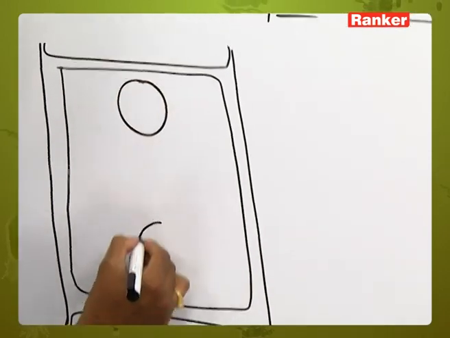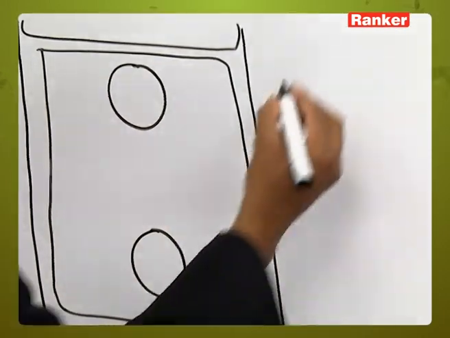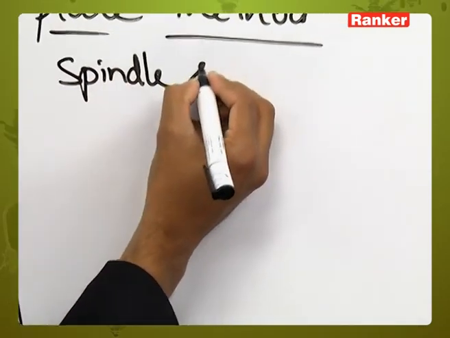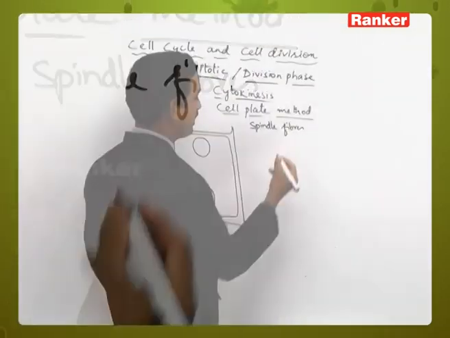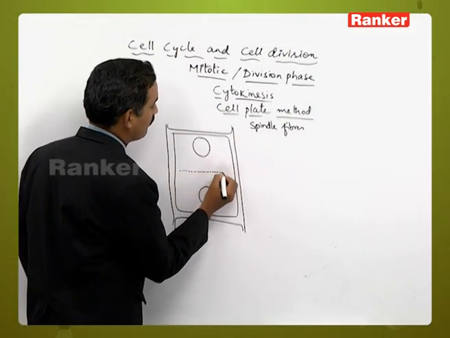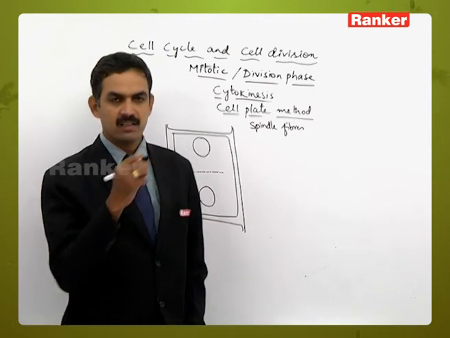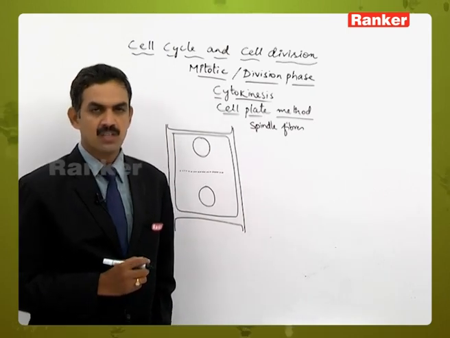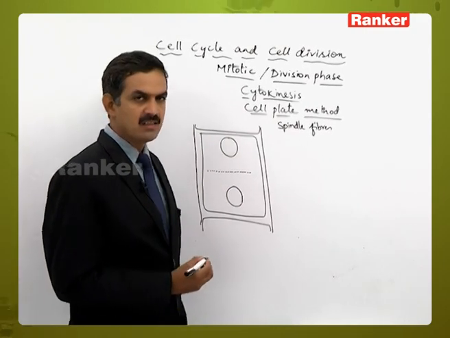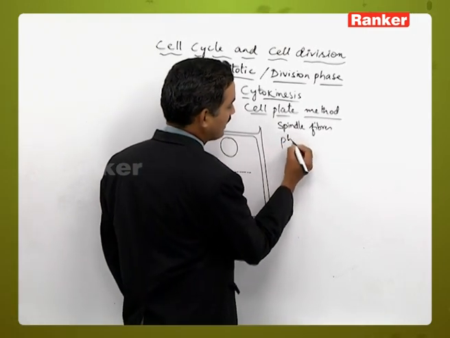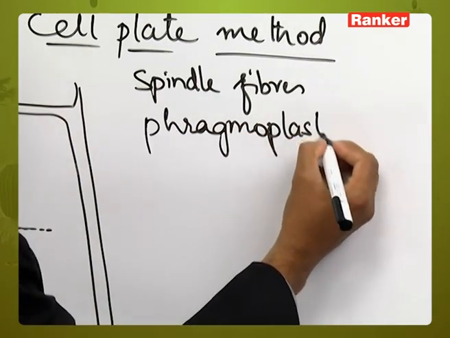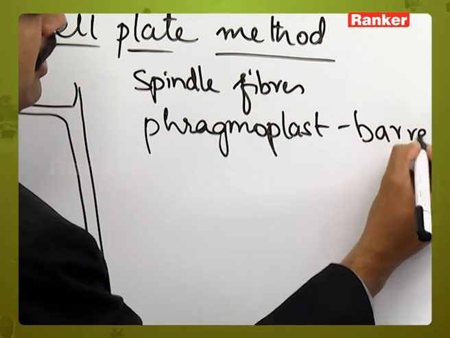The small fragments of spindle fibers that remained in the equatorial region get arranged in an equatorial structure. These spindle fibers organized in the equatorial region form a structure called the phragmoplast. This phragmoplast is generally barrel shaped.